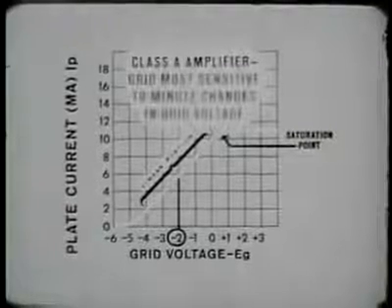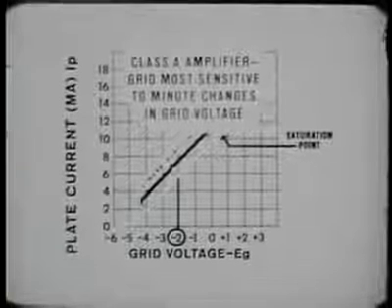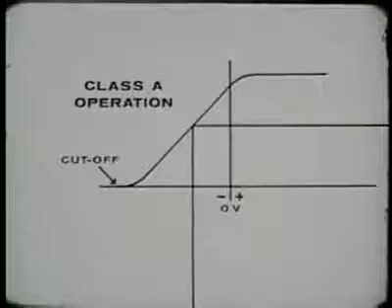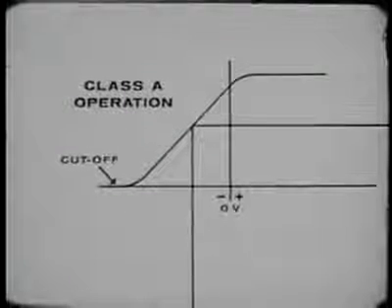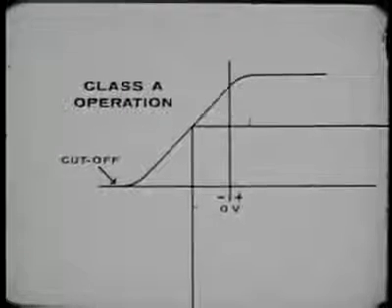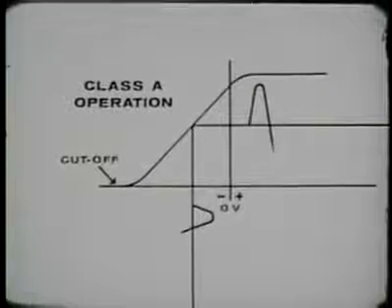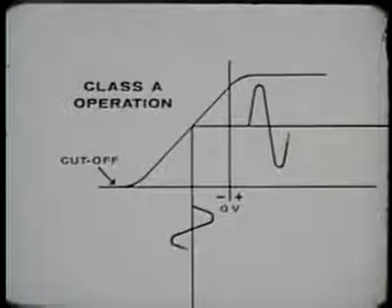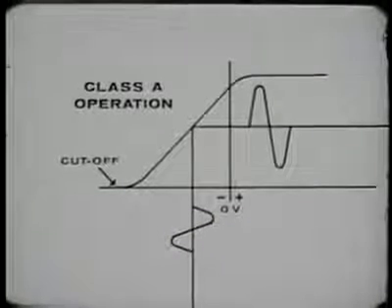In this type, the grid is most sensitive to a minute change in grid voltage. When operating a tube as a Class A amplifier, make sure that the signal voltage, shown here as the lower waveform, does not drive the tube beyond the limits of the linear portion of the curve. This will avoid distortion.